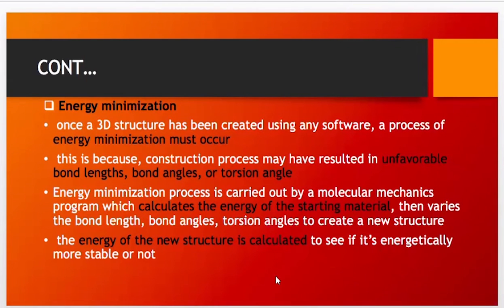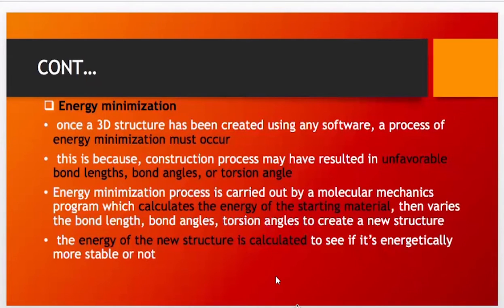All right. So with this energy minimization that we have talked about, once you have made this new 3D structure, you find that maybe your starting compound was actually more stable than the one you formed the second time, the 3D structure.